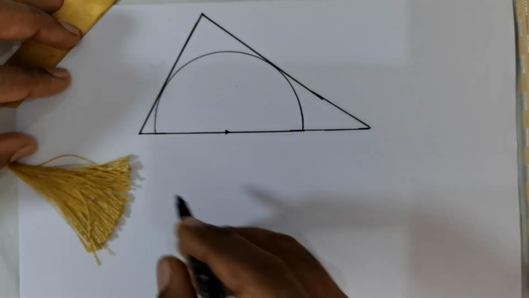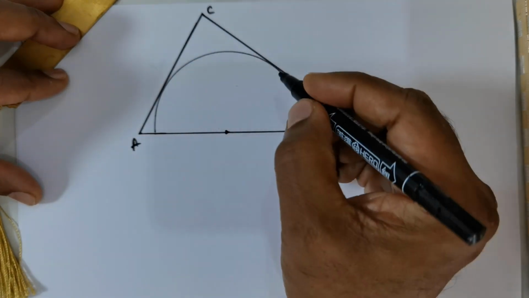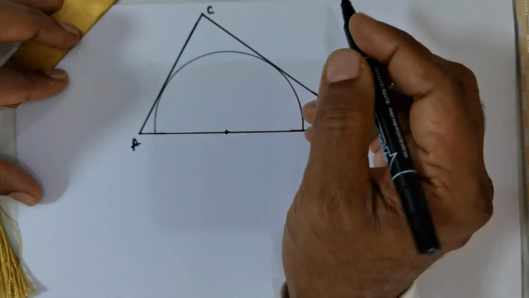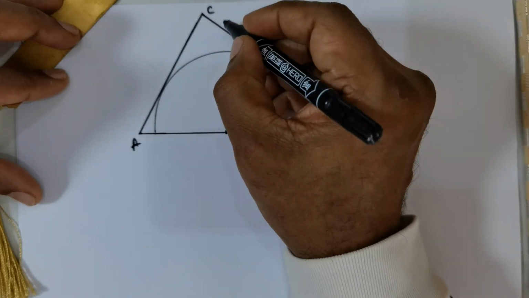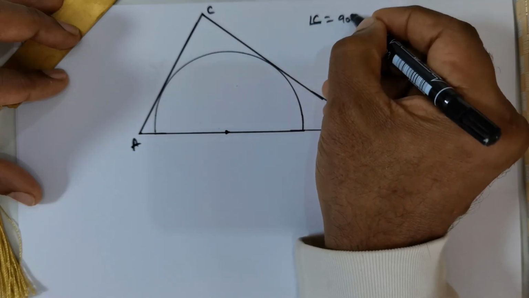So this is A, B and C. At C we have a 90 degree, right? So angle C is a 90 degree.